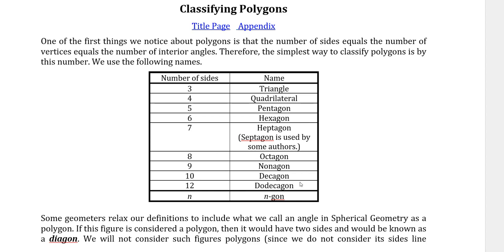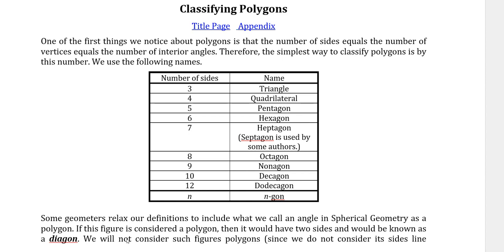That's the least number of sides that we can have. Quadrilateral is 4. Pentagon is 5 sides. Hexagon 6 sides. Heptagon is 7, although I've heard septagon used as well. We will use heptagon. Octagon is 8 sides. Nonagon is 9 sides. Decagon is 10 sides. 12 is dodecagon. And in general, if it has n sides, we could call it an n-gon.